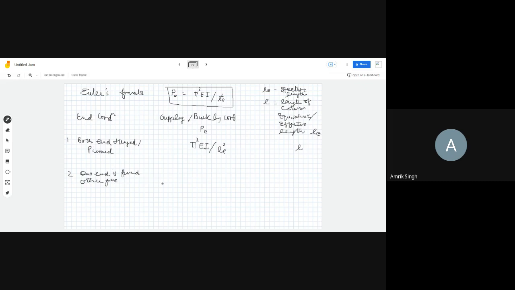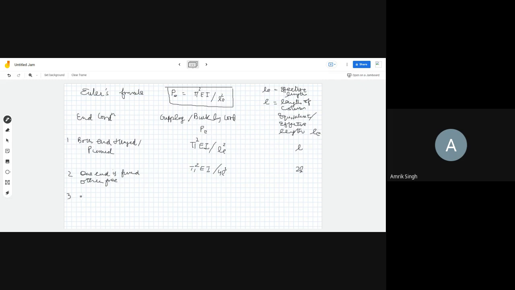So in this case, the formula will be pi square EI upon 4L square, where LE is 2L. If you put here LE square and you put LE is equal to 2L, this formula will come.